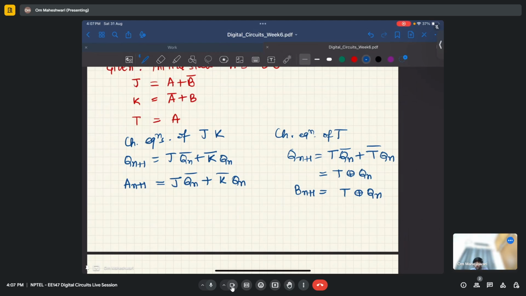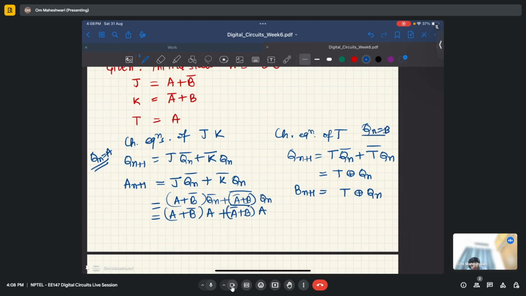So this will become (A plus B bar) Qn bar plus (A bar plus B) bar Qn, and we'll replace Qn again with A. Here Qn equals A, and for the other, Qn equals B. So this is A bar plus A bar B bar plus A bar.